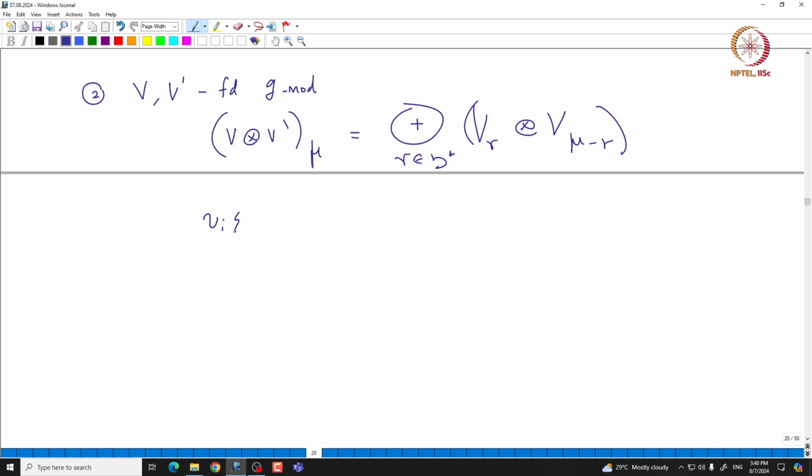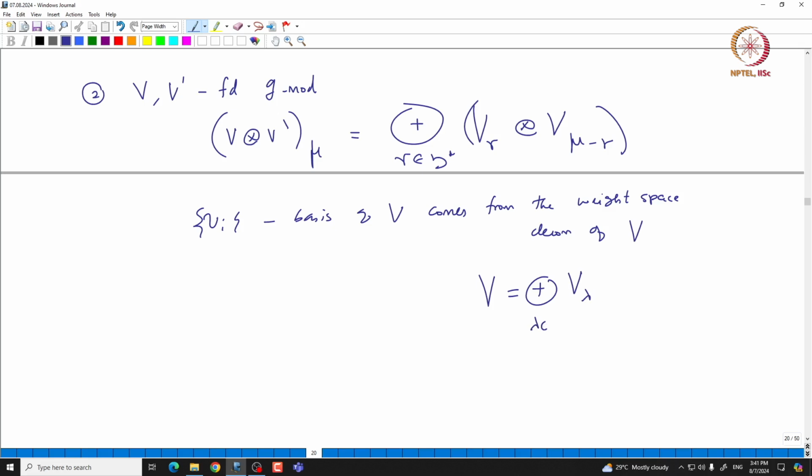So, let us say v_i is the basis of V that comes from the weight space decomposition of V. What do you mean by that? You take this decomposition, V is written as the direct sum of V_lambda, where lambda comes from H star. Now, you can choose a basis of each V_lambda and put them together to get a basis of V; that is the basis we are talking about here.